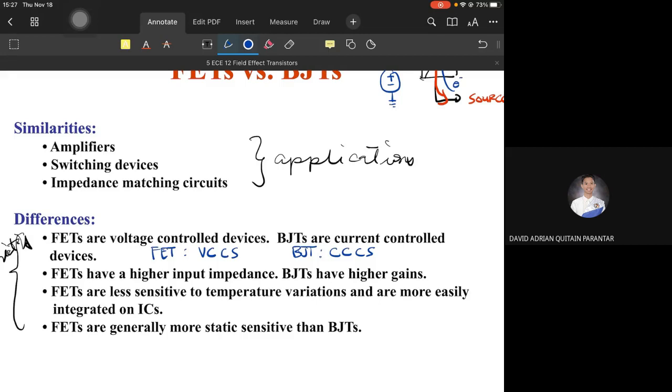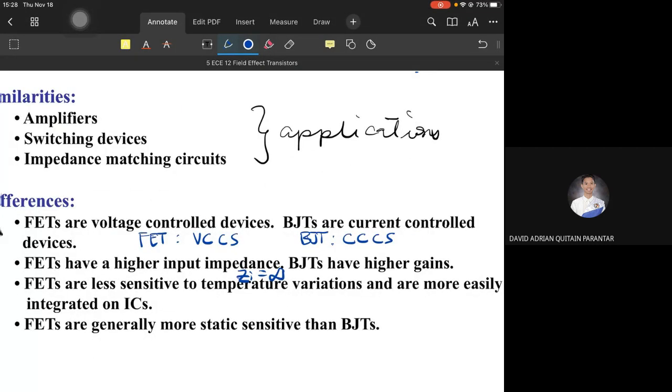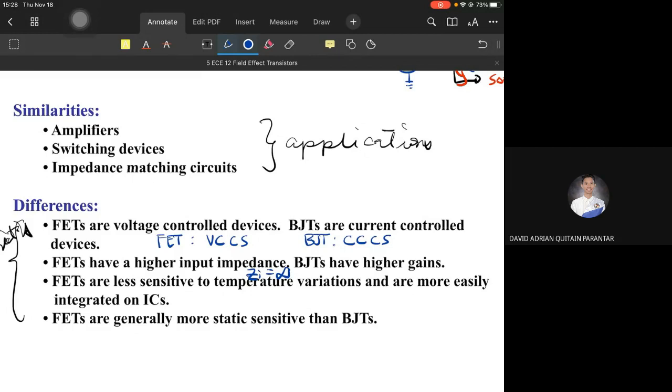FETs having a higher input impedance refers to the FET as a device, not the FET amplifier. Well, the FET amplifier also has ZI, a very, very large value. ZI is equal to infinity. We have known ZI to be the input impedance. So the input impedance of the FET device and the FET amplifier is a very large value.